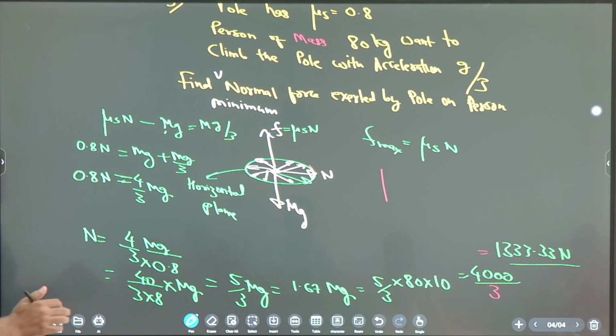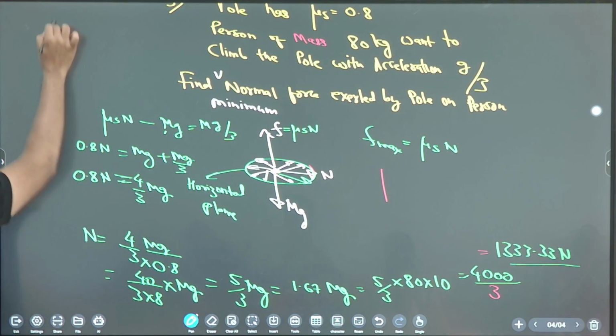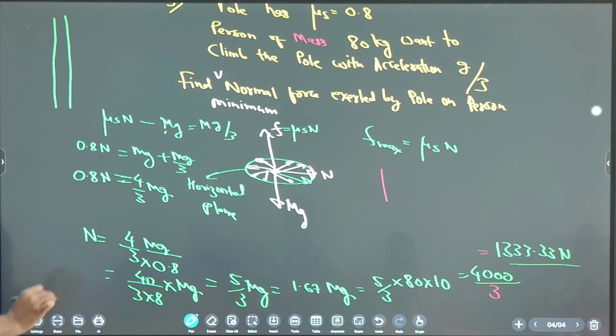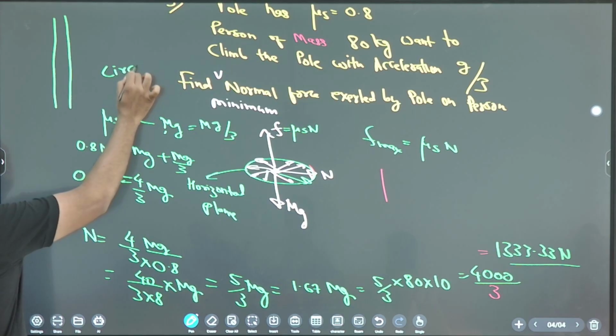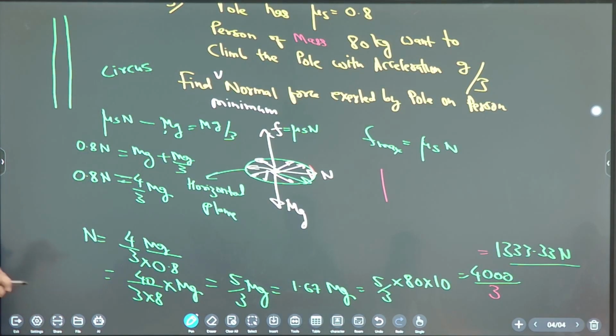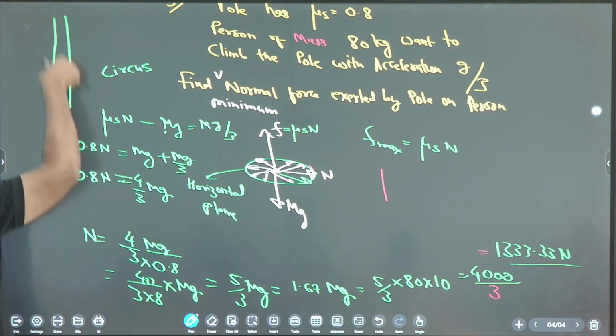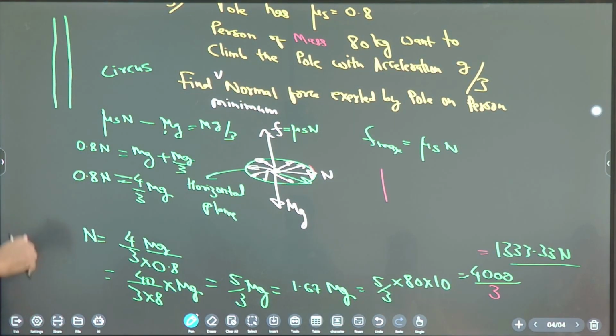Normally you see a person climbing the pole in a circus. What if you put a lot of oil, lubricant, on this? Can the person climb it?